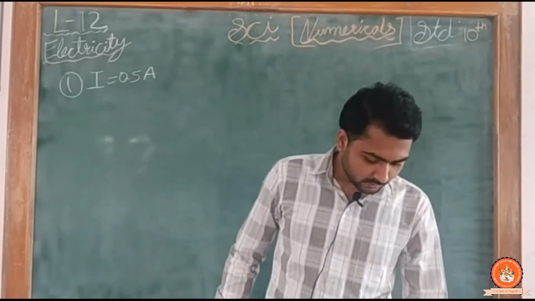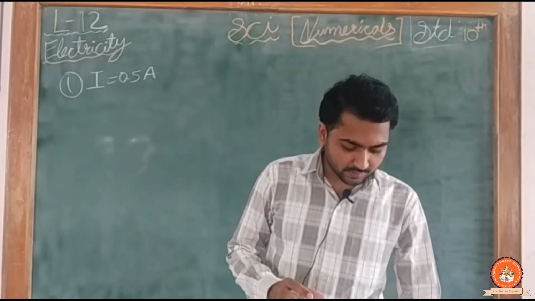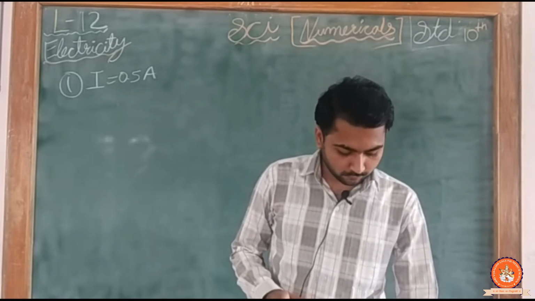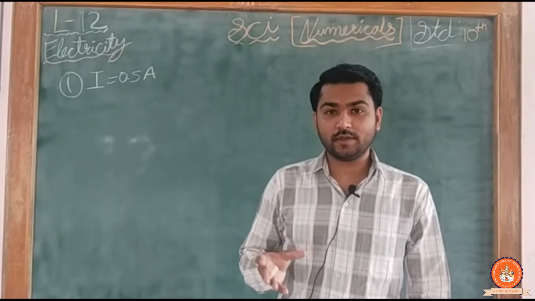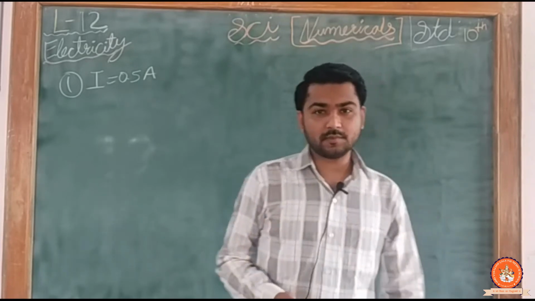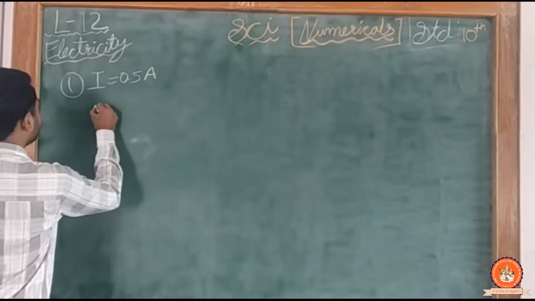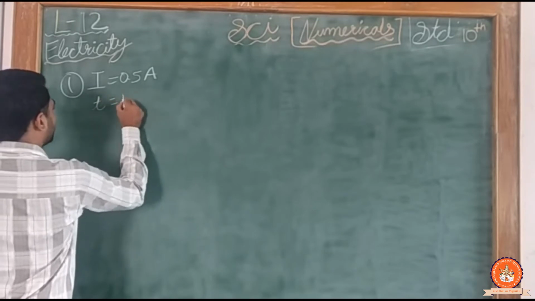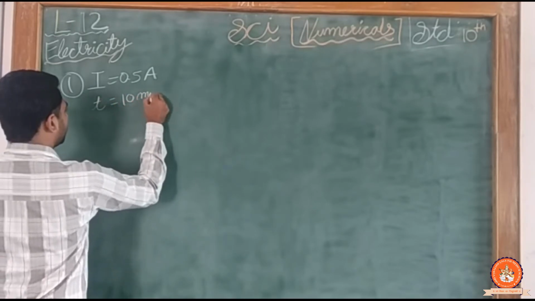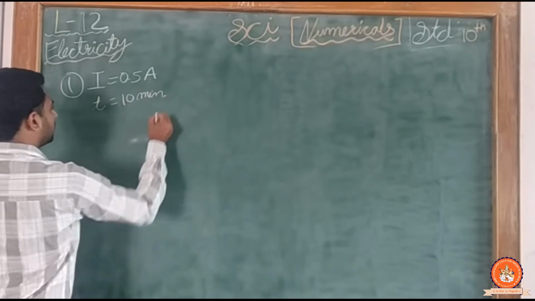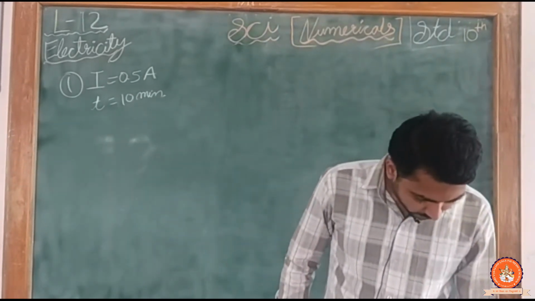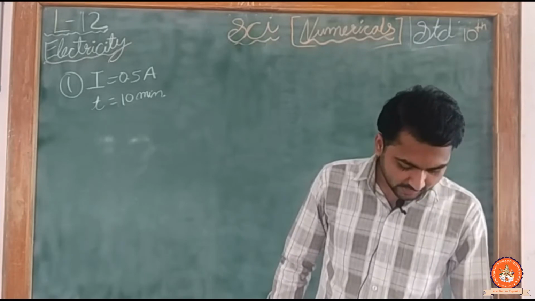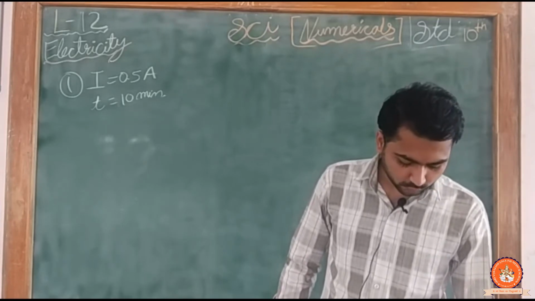Thereafter, it is drawn by a filament of an electrical bulb for 10 minutes. This current is flowing through a filament bulb for 10 minutes. So we have time is equal to 10 minutes. Afterwards, find the amount of electrical charge that flows through the circuit.